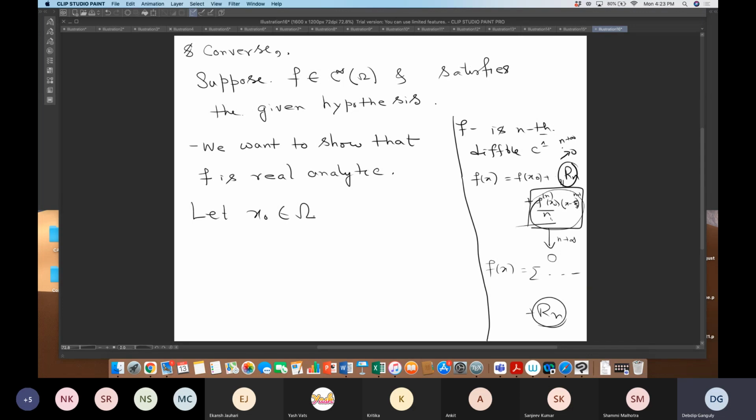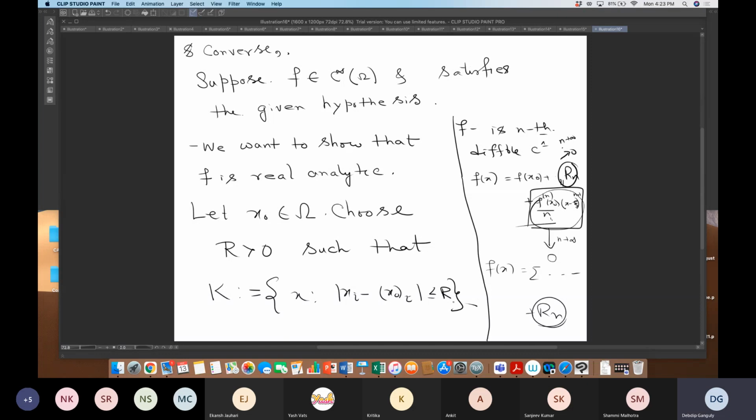Let us choose an arbitrary point x naught in omega. Choose R positive such that this compact set, you define a compact set, such that |x minus x naught| is less than R, is contained in omega.